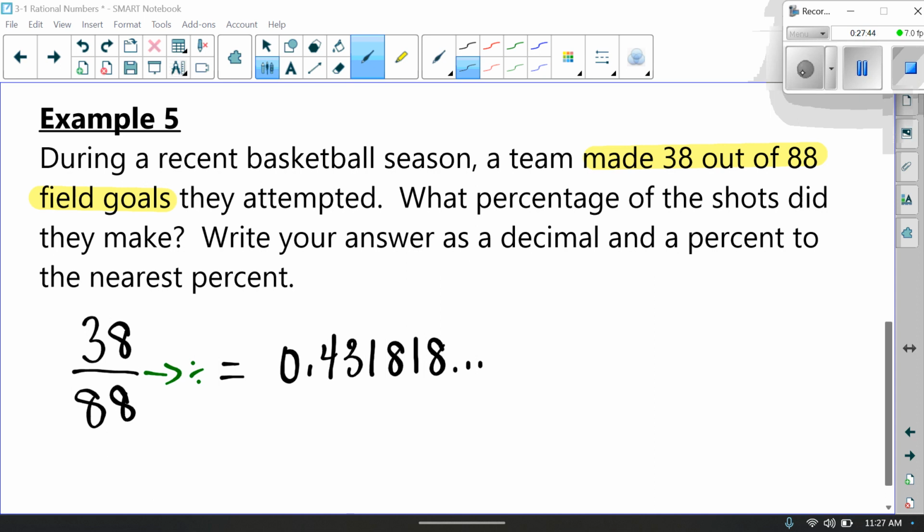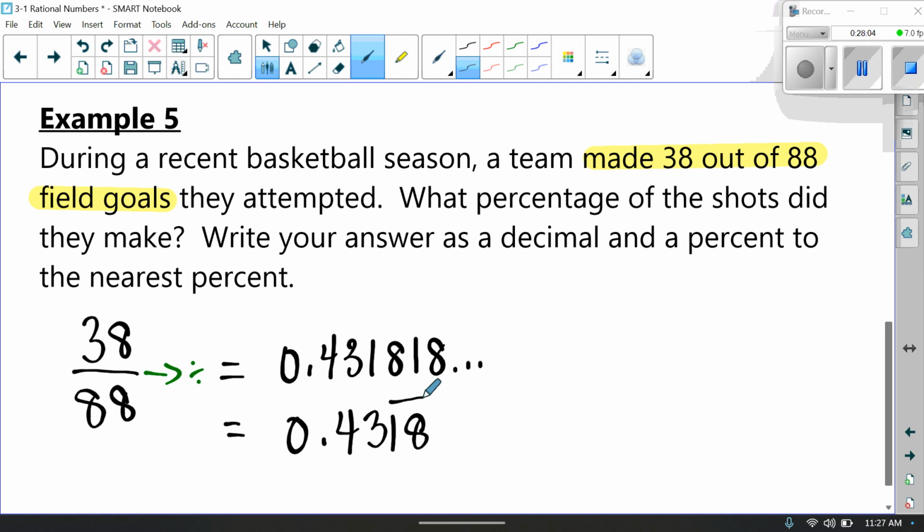That's my decimal. How do I write that using bar notation? We're going to write 0.4318 with bar notation over the 1 and the 8.